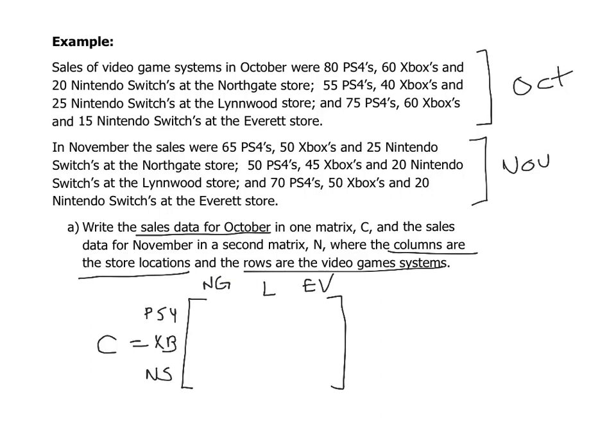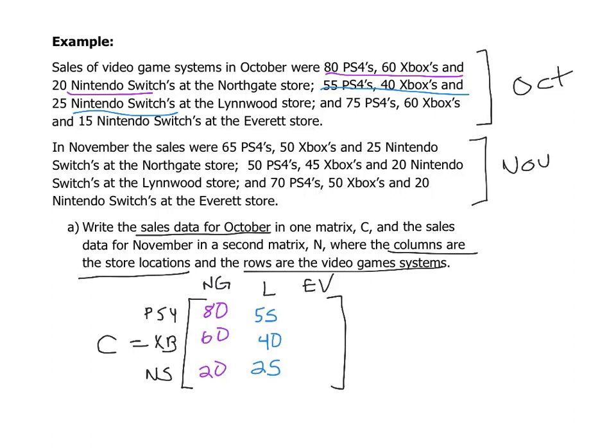What we're going to do is take all this data and put it in the matrix to help organize it. So Northgate, we have 80 PS4s, 60 Xboxes, and 20 Nintendo Switches. At the Linwood store, we had 55 PS4s, 40 Xboxes, and 25 Nintendo Switches.